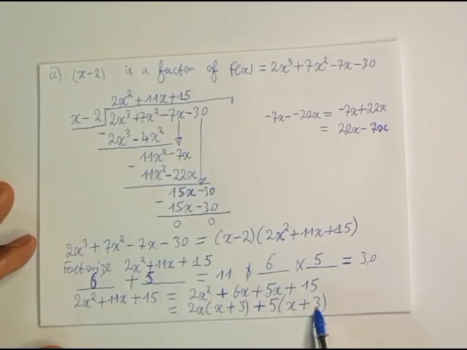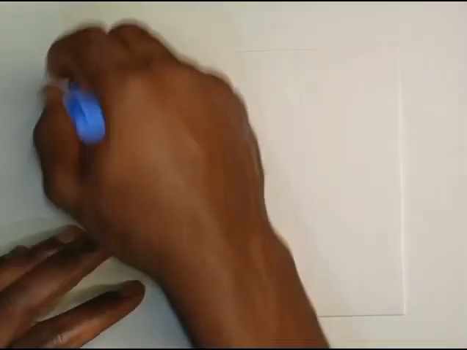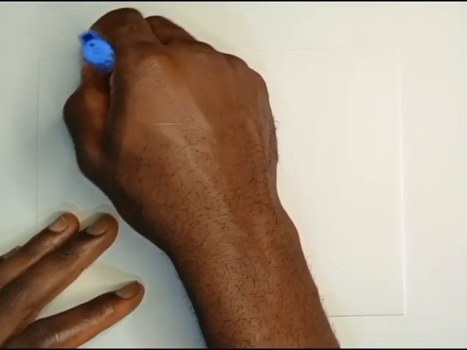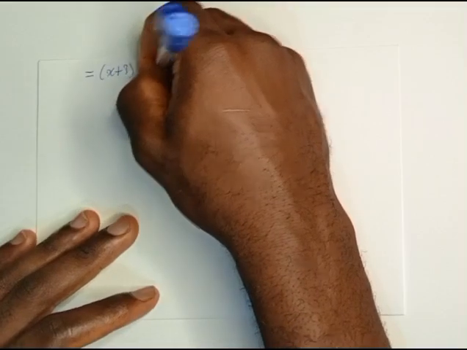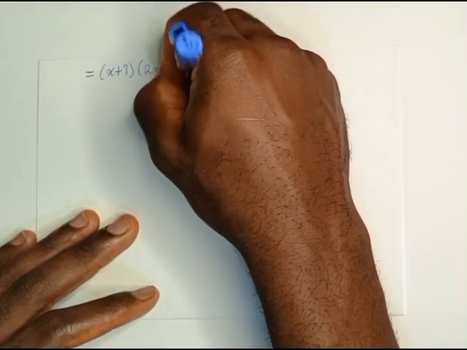x plus 3 is common. We are going to factor out x plus 3. This will simply be equal to x plus 3 times 2x plus 5.